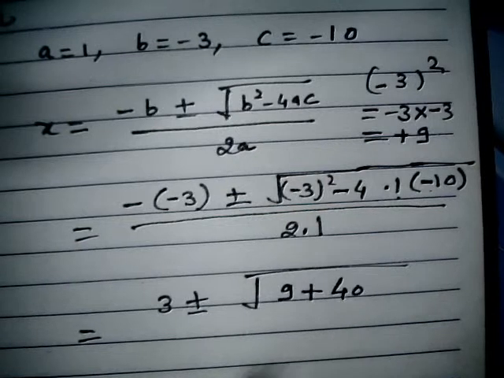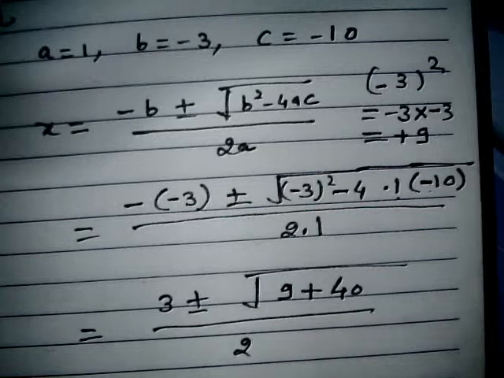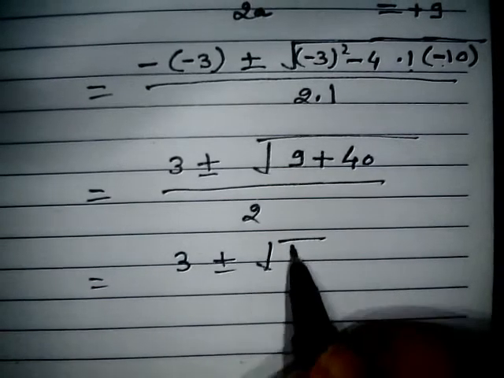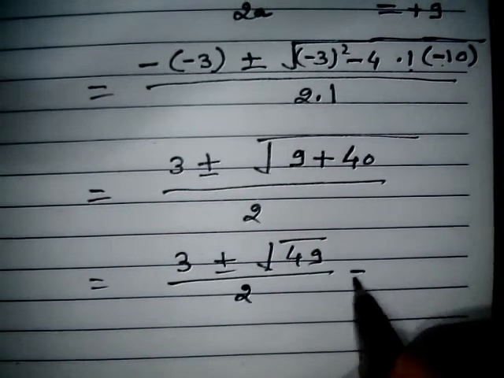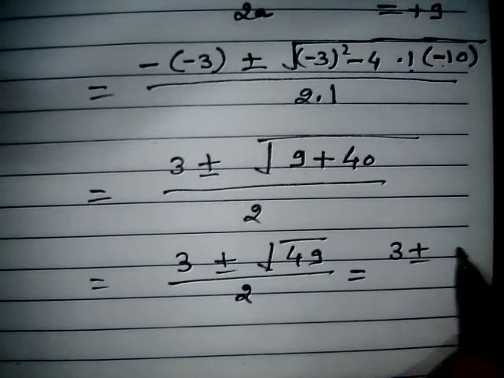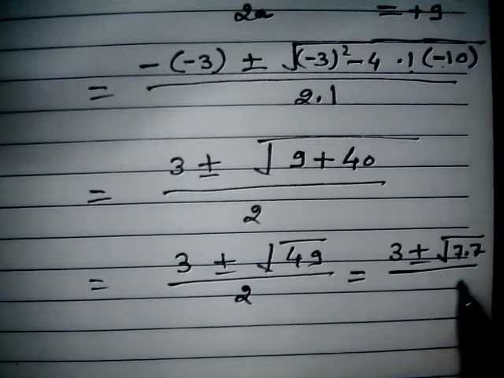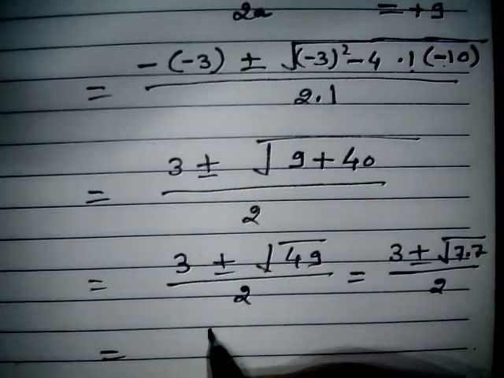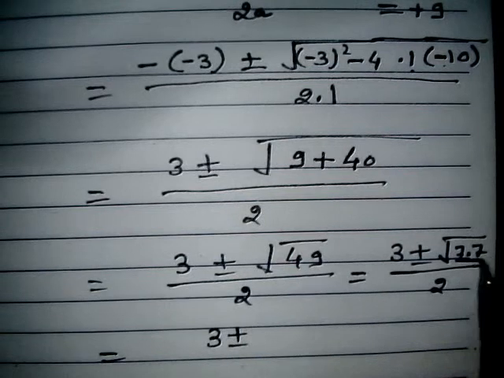Now 3 plus minus the square root of 49, upon 2. 49 means what? 7 times 7, upon 2. So 3 plus minus 7, because the number is in a pair, one number itself will come outside, upon 2.